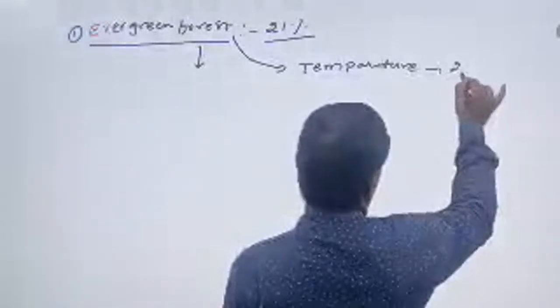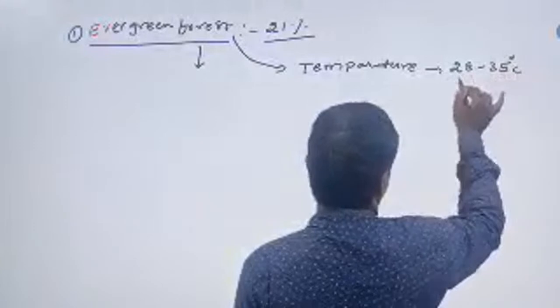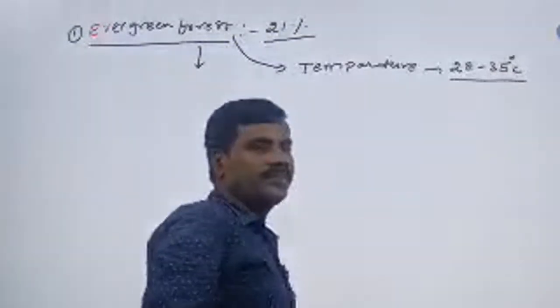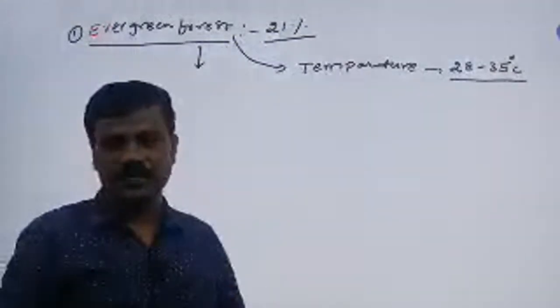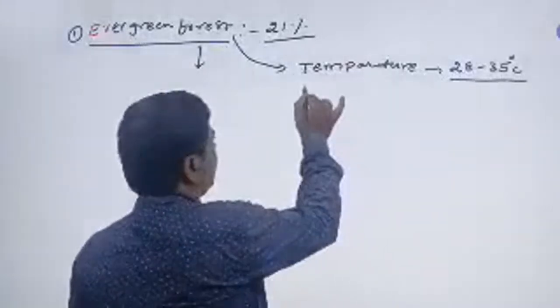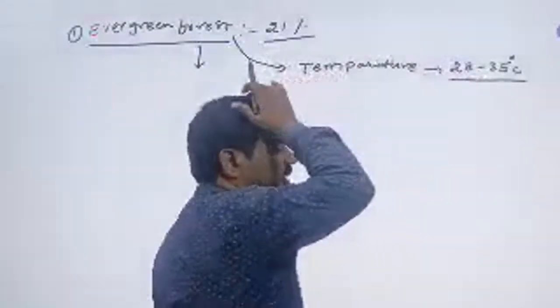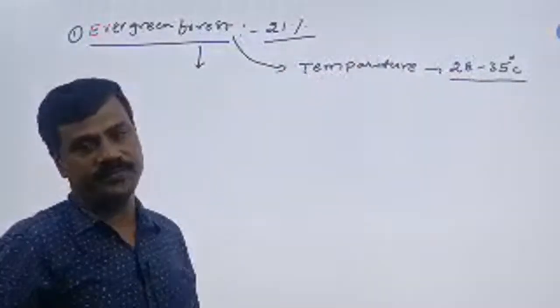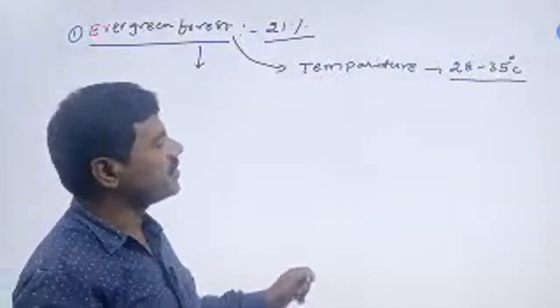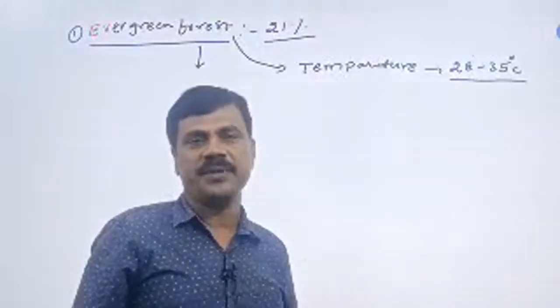A temperature of 28 to 35 degrees is compulsory. Under this temperature, rainfall is required. This temperature creates more rainfall.